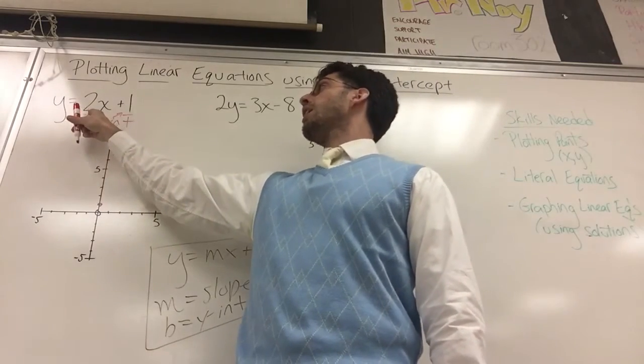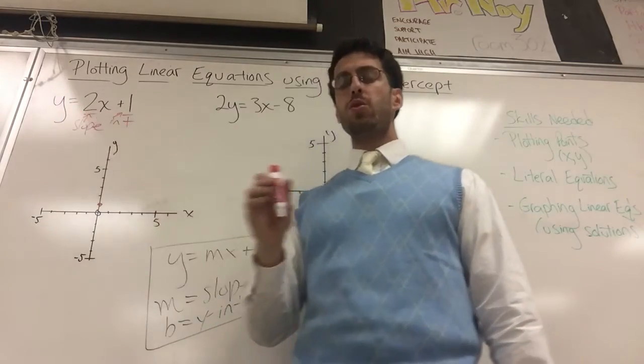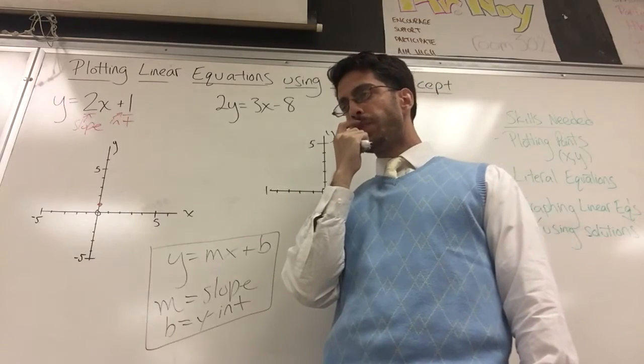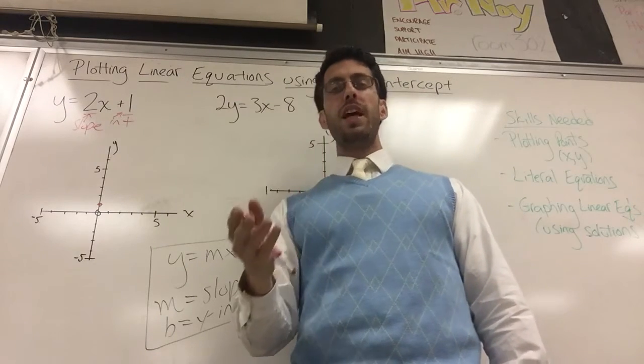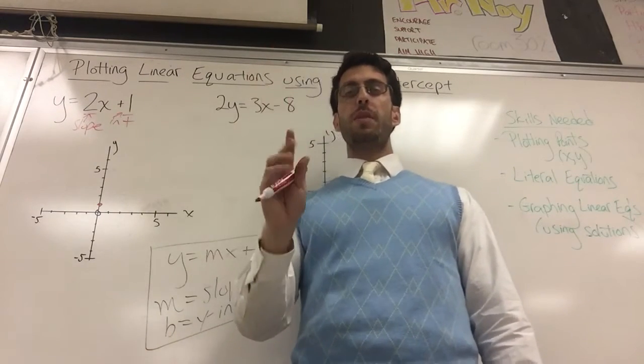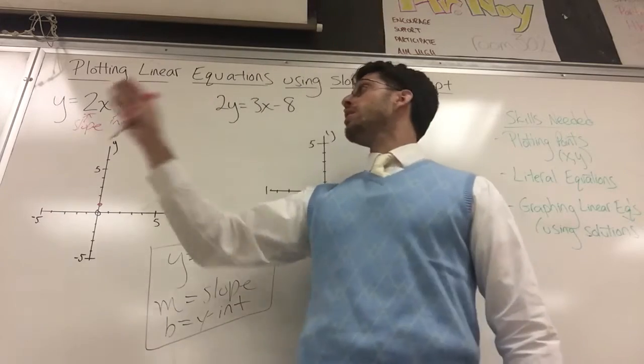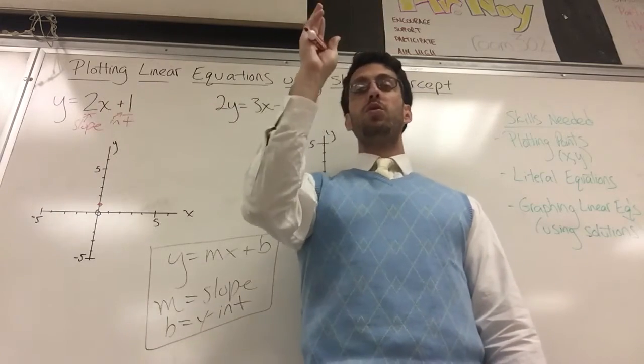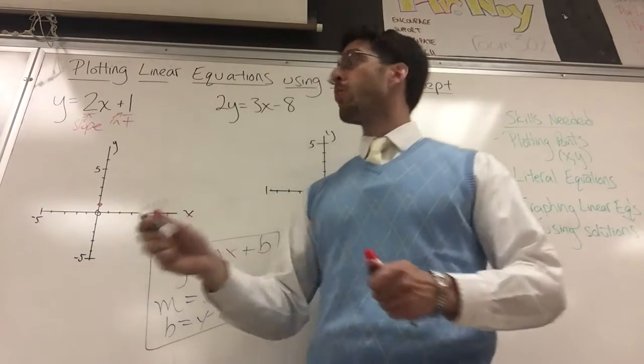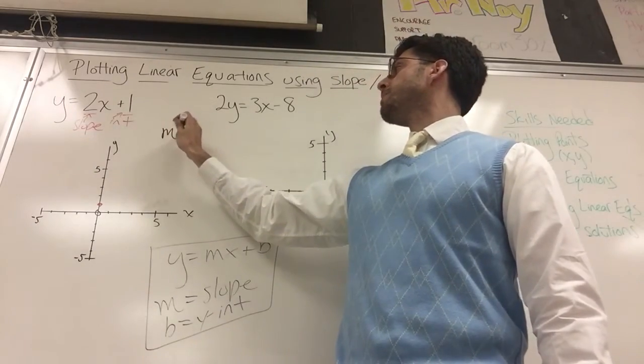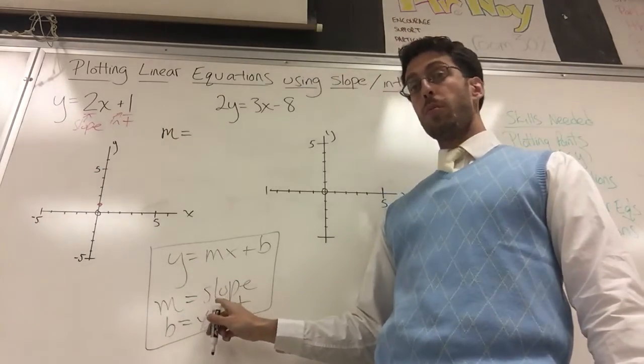Then, I go 2. What does that mean, 2? It's almost like the last story I told you when I made $10 an hour. That means my line goes up 10 and over 1. This is 2, so my line's gonna go up 2 and over 1. How do you know it goes over 1? Well, this m I said was slope.